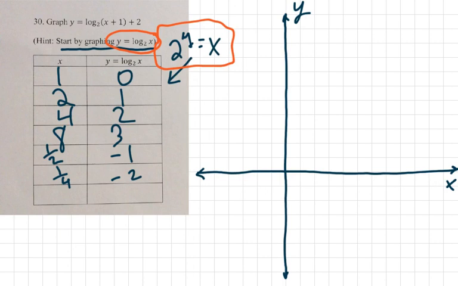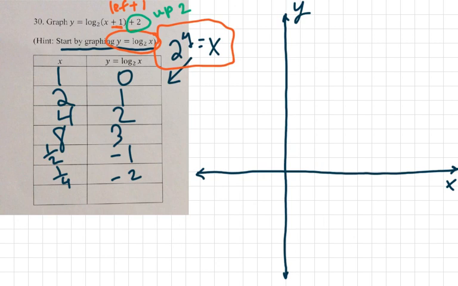Then we're going to graph it, and then shift it. This shift is going to be left by 1, and then an upshift by 2 because of the adding of 2.